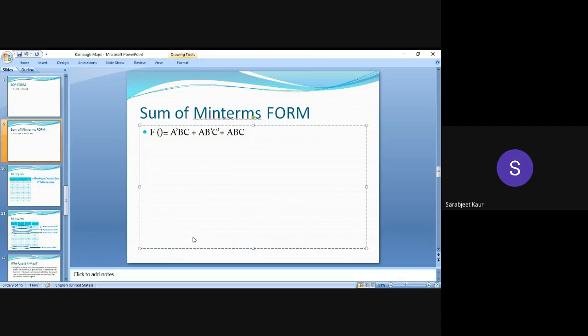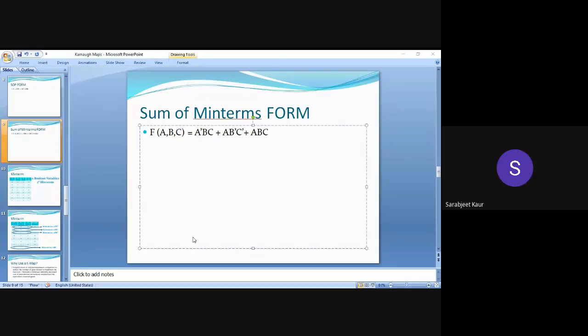Given that this is a three variable Boolean expression, this is a sum of minterms form. Any problem here? No, ma'am. Everybody, this is clear? Yes, ma'am. Good.